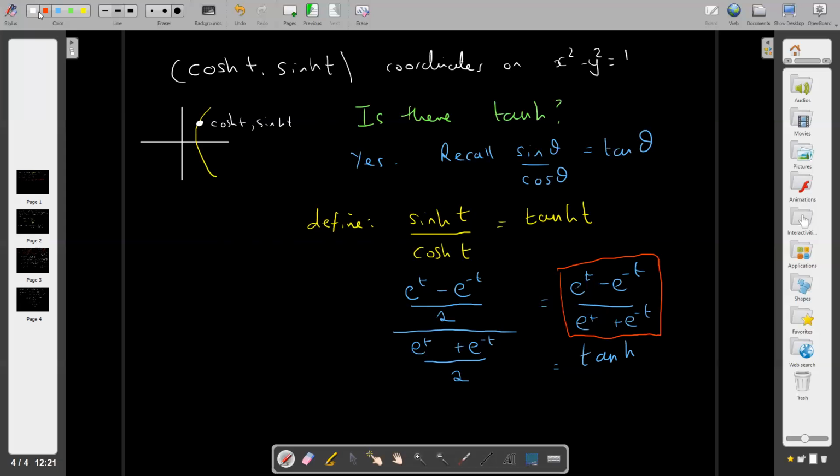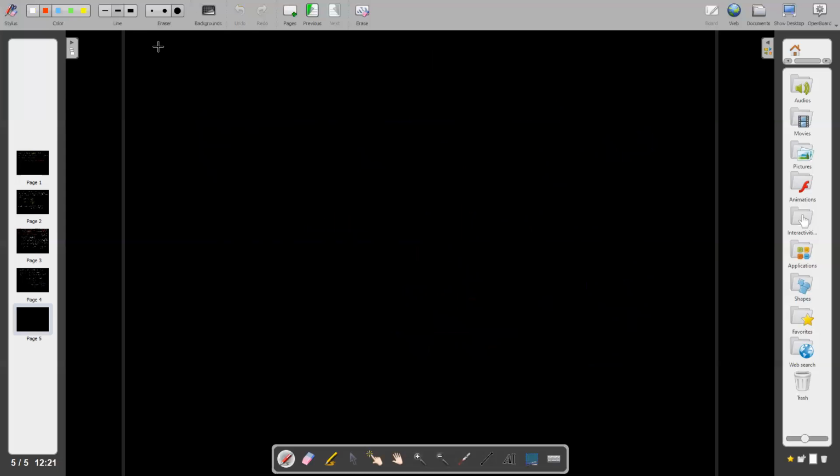So I'm going to add that to our list of things. So, summary so far. cosh t is e to the t plus e to the minus t over 2. I like to think of this as the average.